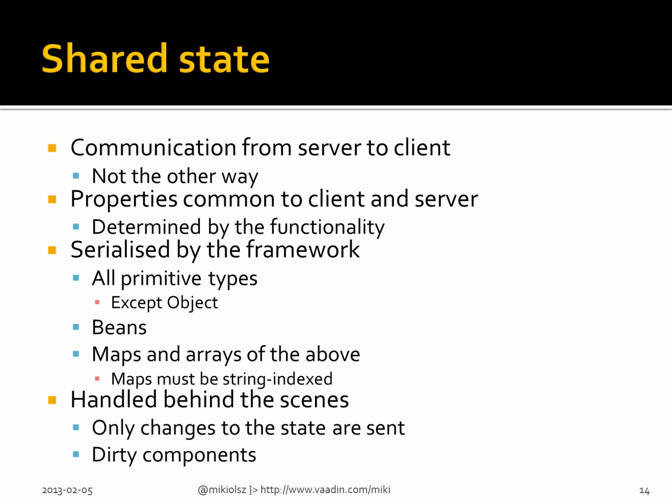We can use strings, we can use beans, so any Java class with any other Java class that is serializable. And we can use maps and arrays of the above mentioned. In case we use maps, hash maps or hash tables, they must be string indexed. Everything gets handled behind the scenes, so we don't have to explicitly do anything.